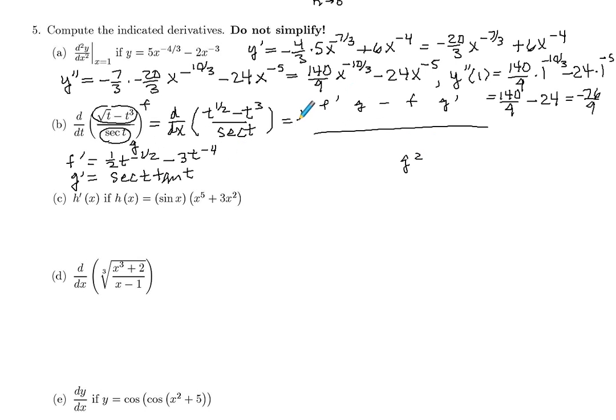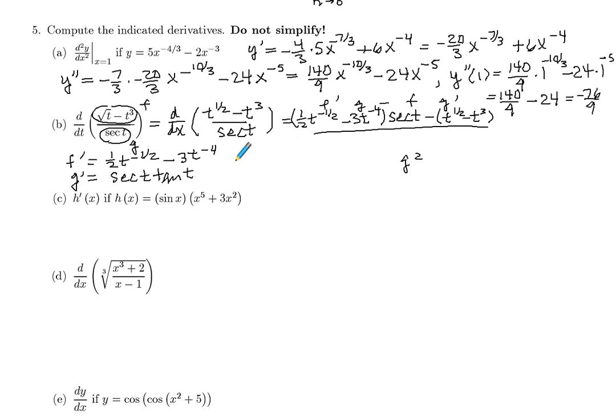So we're going to have a 1/2 t to the negative 1/2 minus 3 t to the negative 4, and then times our g, which is the bottom function here, secant t, minus f, which is the top function, t to the 1/2 minus t cubed, and then times g prime.